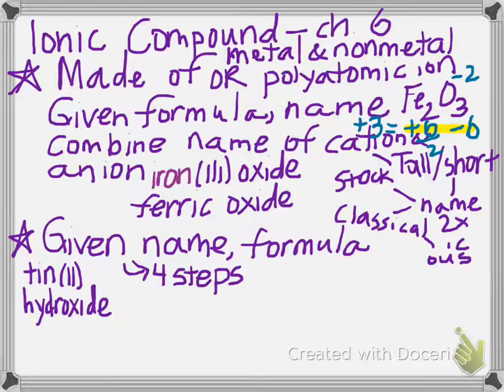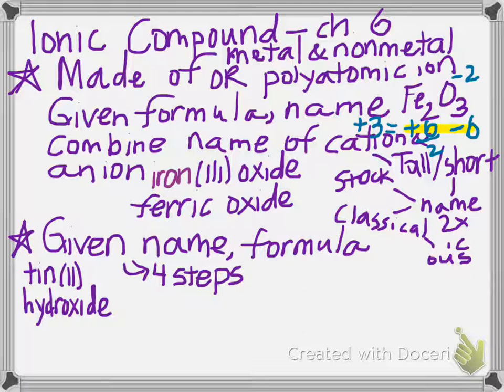Remember, group 1A has a charge of +1, 2A +2, 3A, which is pretty much just aluminum and boron, has a +3, 5A has a -3, 6A has a -2, 7A has a -1. So you should know the charges for the tall columns based on where they are on the periodic table.